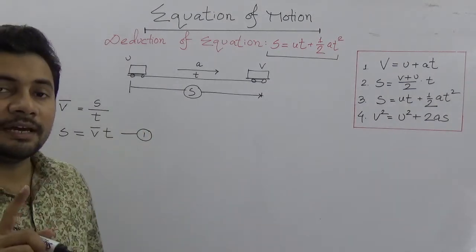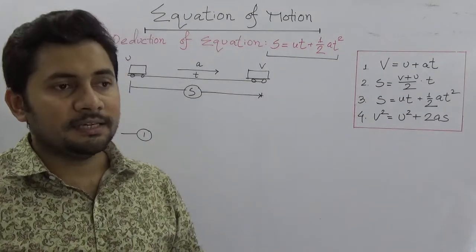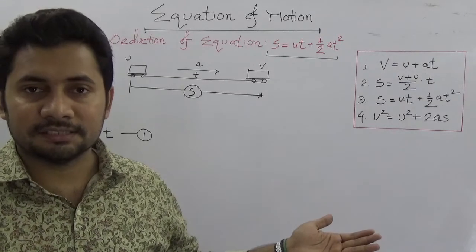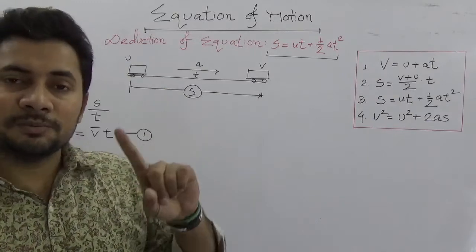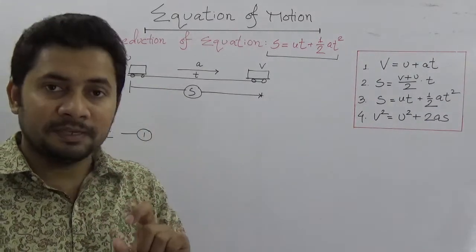If you see my previous classes, I already explained what velocity, average velocity, acceleration, average acceleration, and displacement are. In the English medium classes on lecture 3 in unit 1, I already explained these.